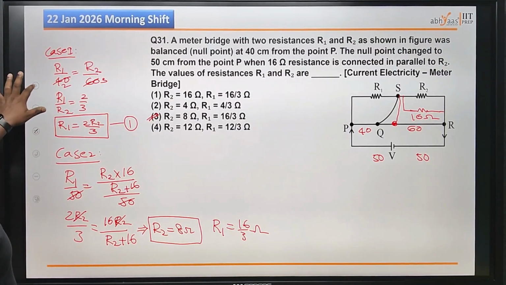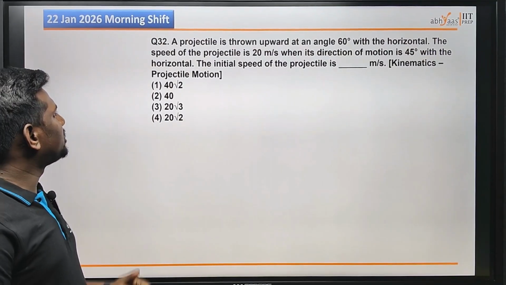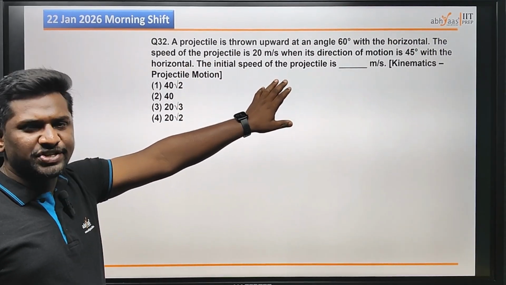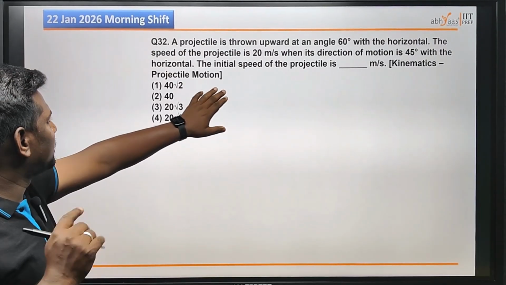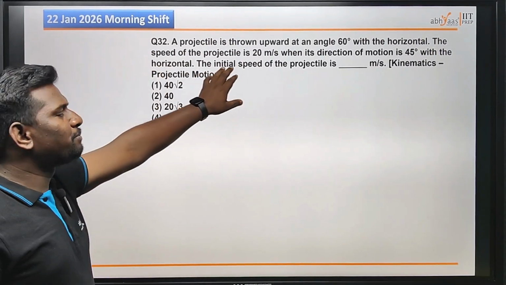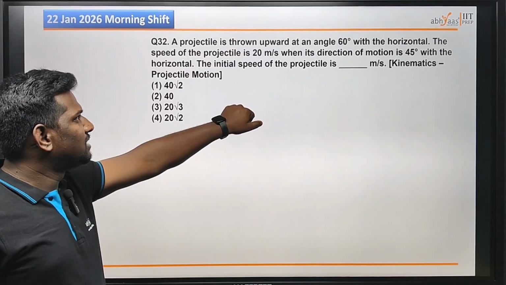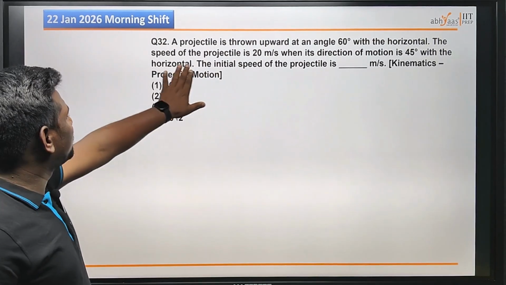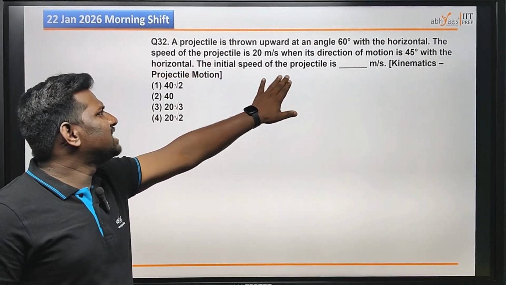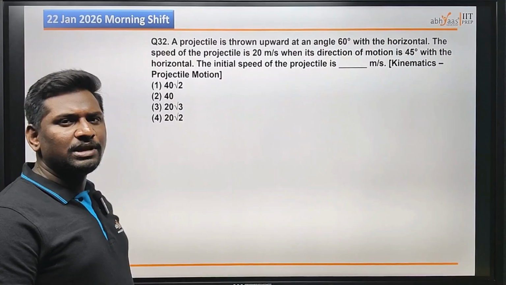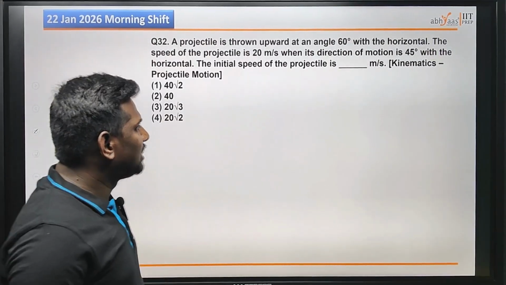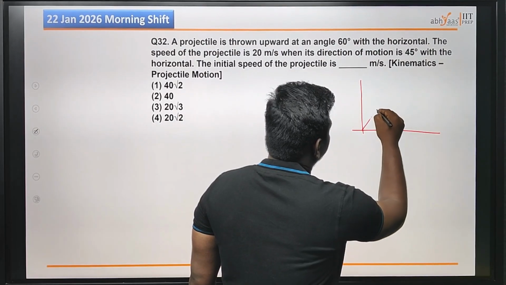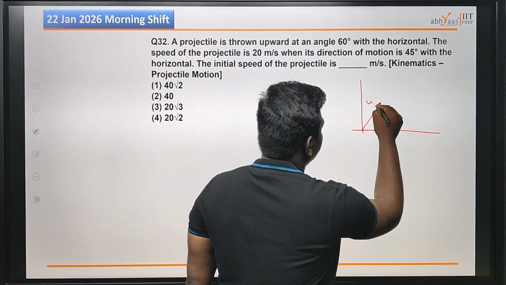So next question, see here. Question number 32. The projectile is thrown upward at an angle of 60 degrees with the horizontal. The speed of the projectile is 20 meter per second when its direction of motion is 45 degrees with the horizontal. Then what is the initial speed of the projectile? I am drawing here, please see. This is our initial speed u.